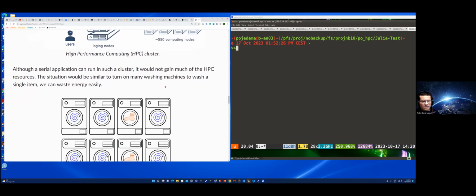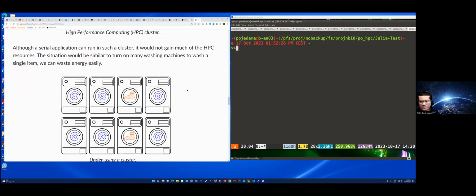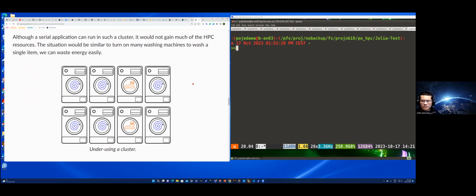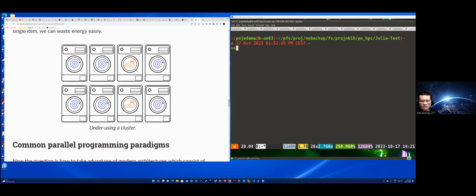On the other hand, if you allocate some resources but you are not aware that you are only using one single core, then you will be wasting some energy and also consuming time from your project, right? This is similar to allocating several washing machines and washing just a single cloth. So then you will be underusing it.